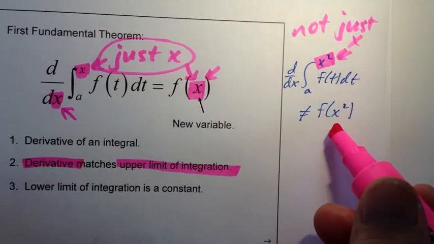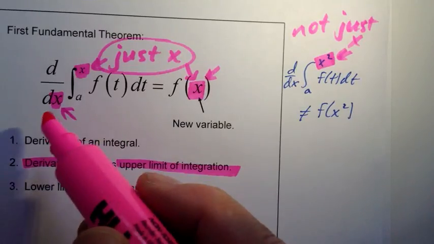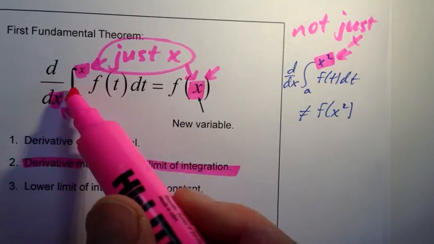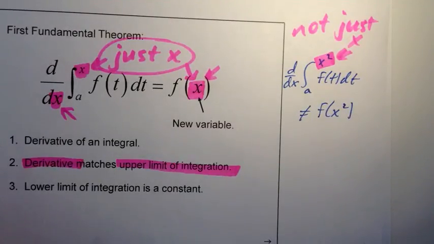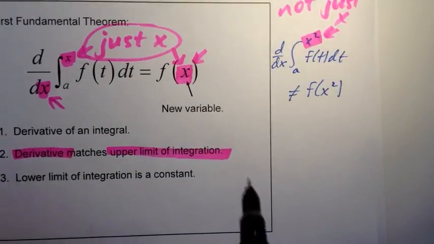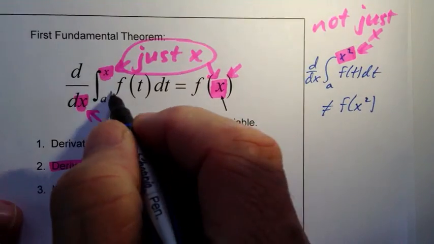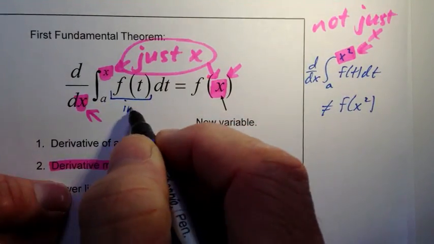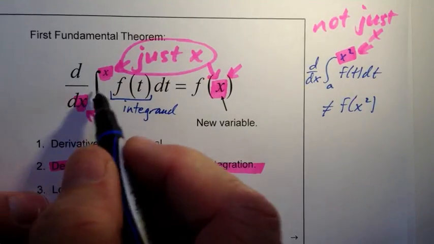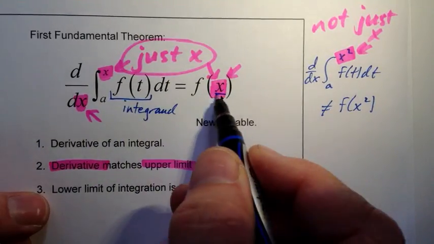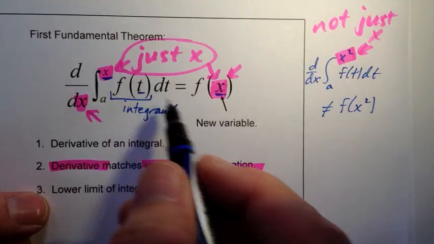So the only time when you can say that the derivative of the integral is just the integrand, by the way, I don't think we've defined that. This guy right here, this is what we call the integrand. So the derivative of the integral is the integrand with an x in place of the t.